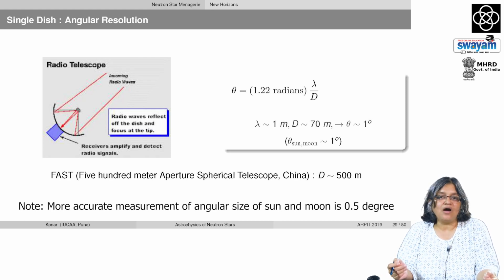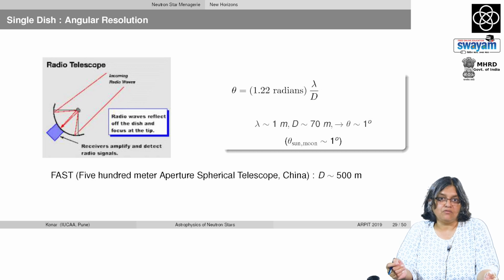So, our angular resolution with a single dish radio telescope is rather poor, and in order to observe neutron stars, in order to really understand the physics going on around neutron stars, one has to do much better than this.